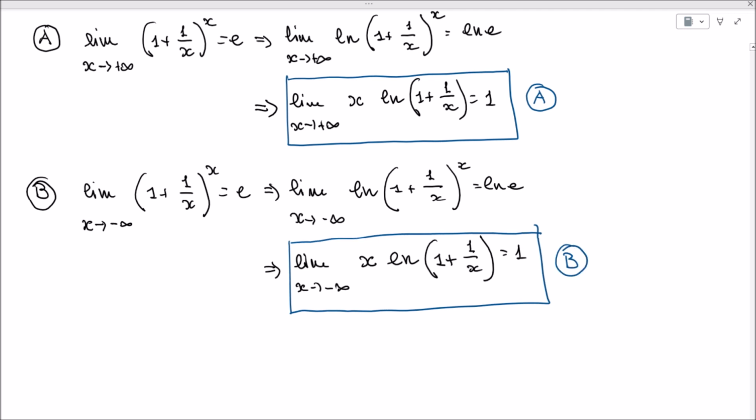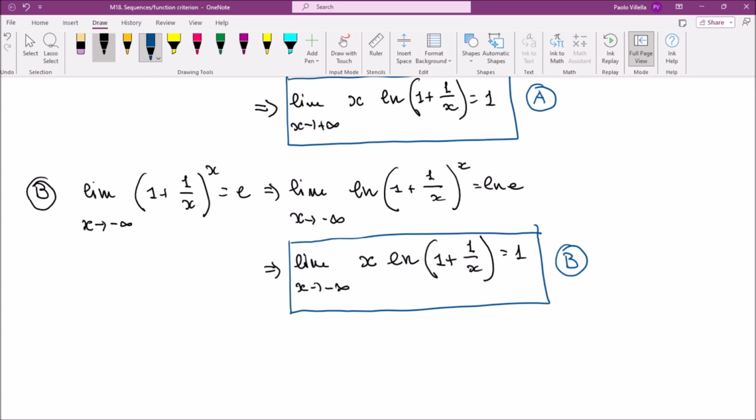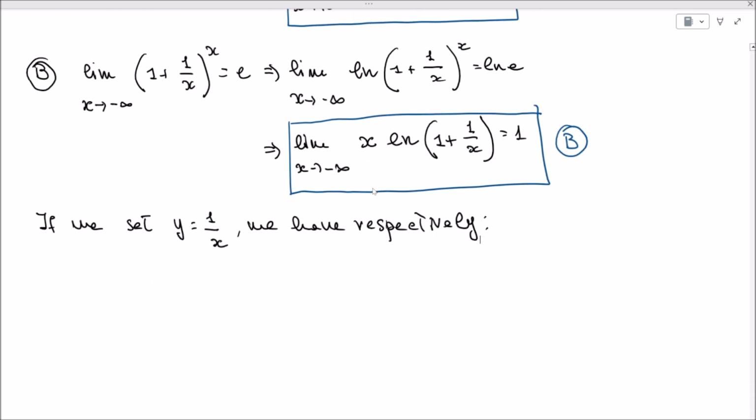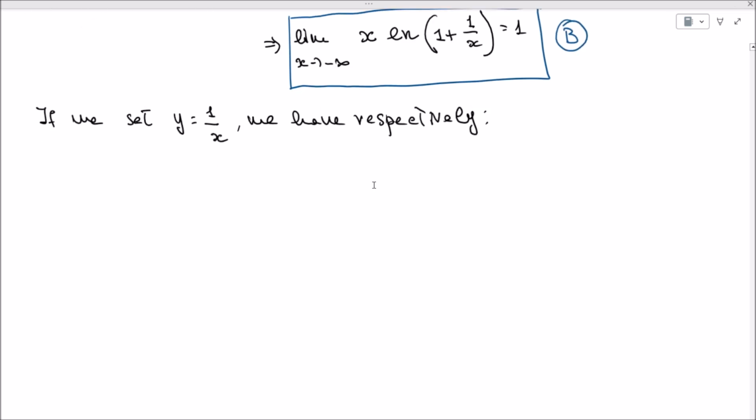And now, by a simple change of variable, if we set y equal to 1 over x, respectively from A we can basically obtain another result which I'm going to call A prime.